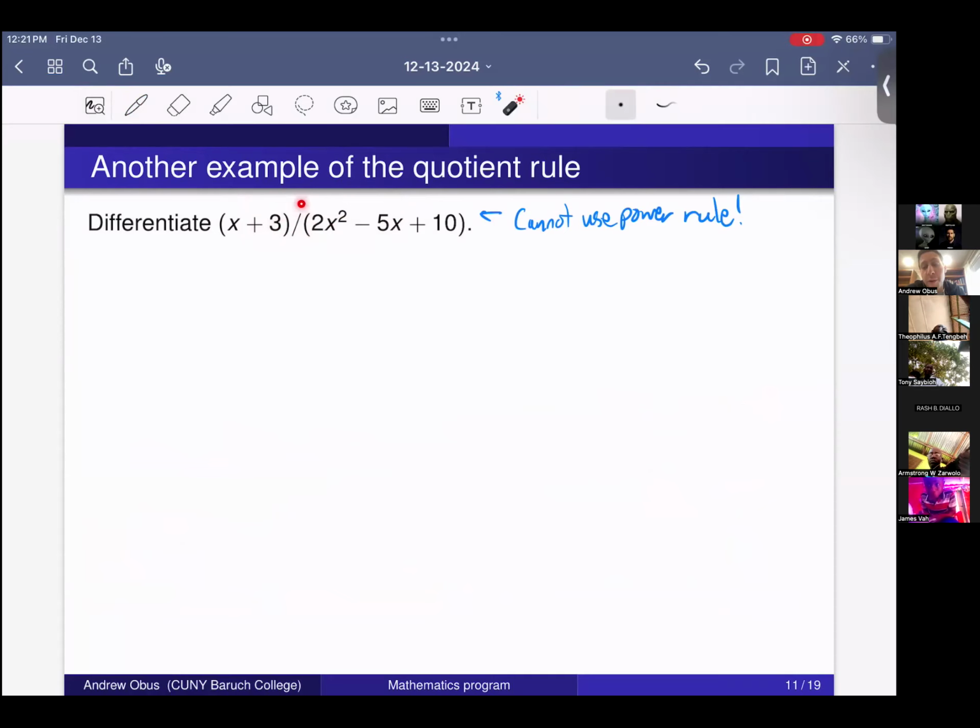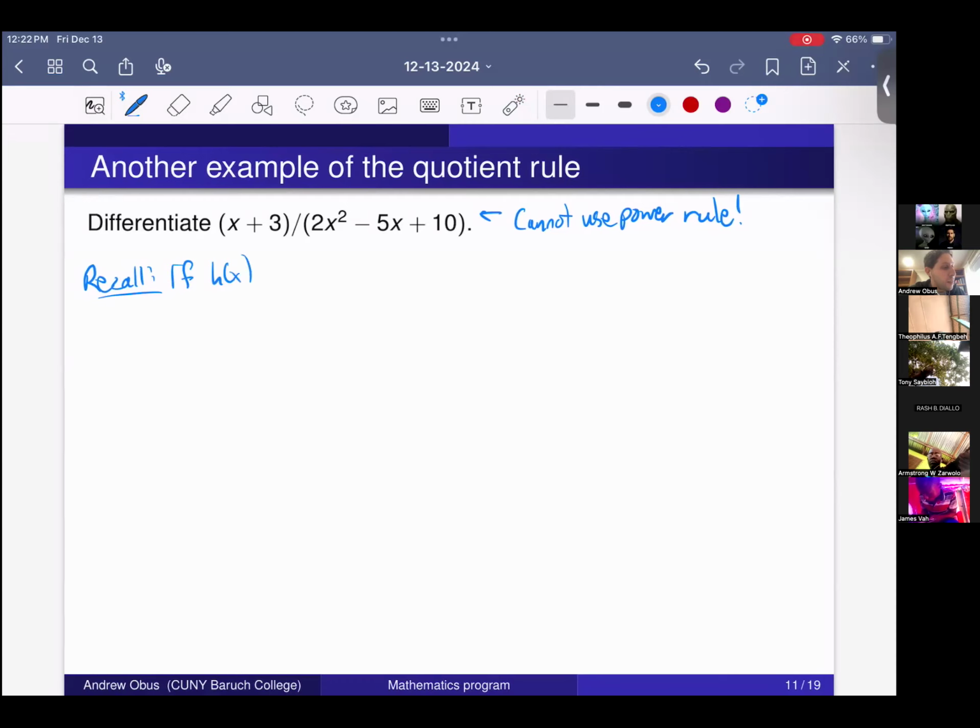This is not a polynomial, and it's not even some sum of x raised to some powers times some coefficients. This is a rational function, and the only way to take the derivative is to use the quotient rule.